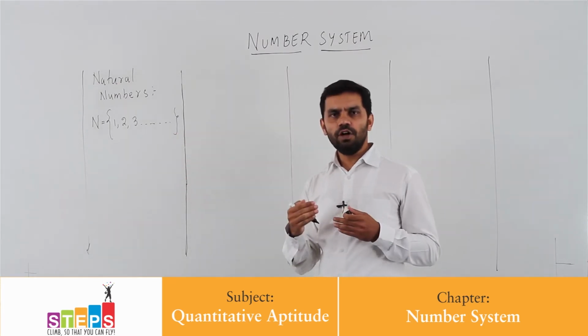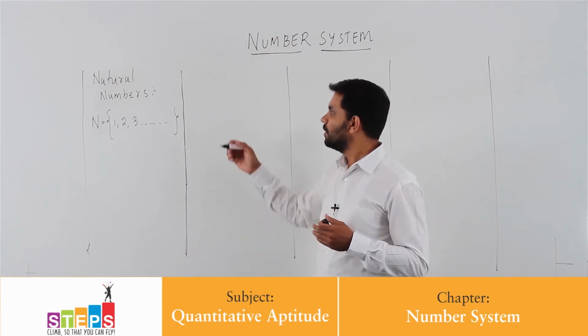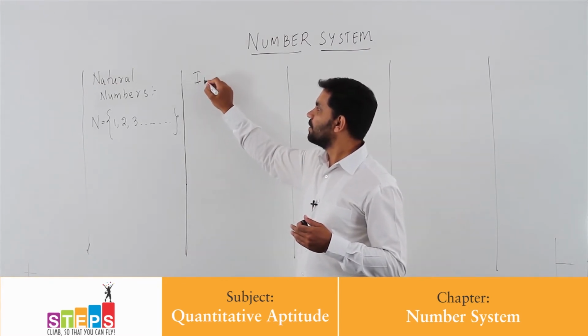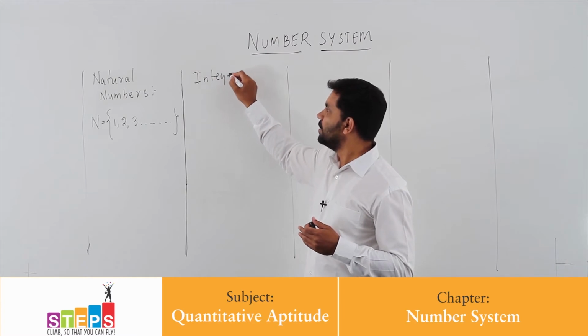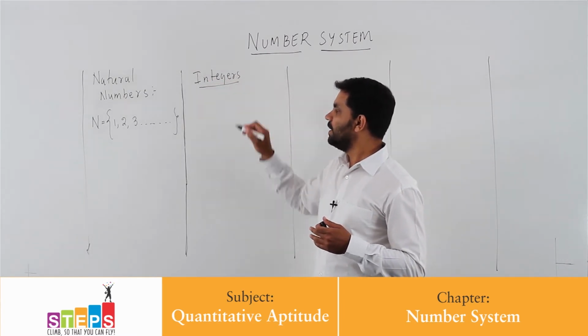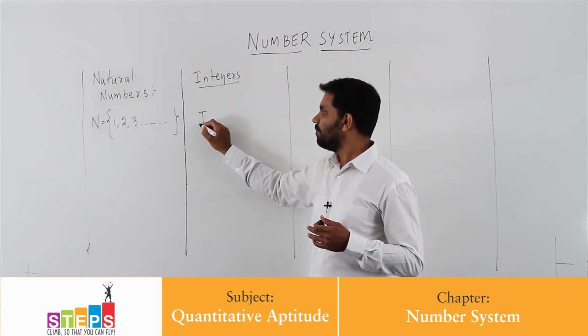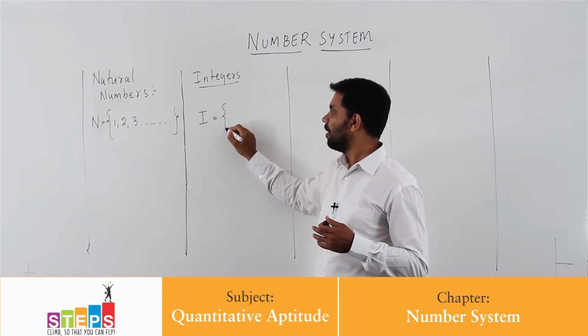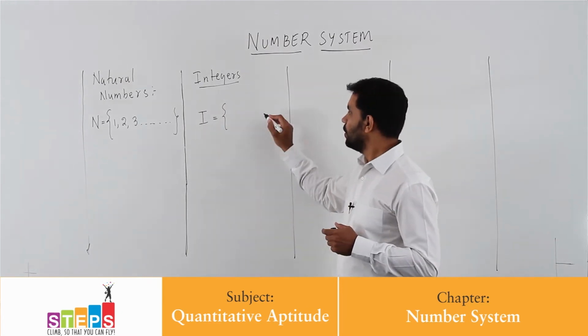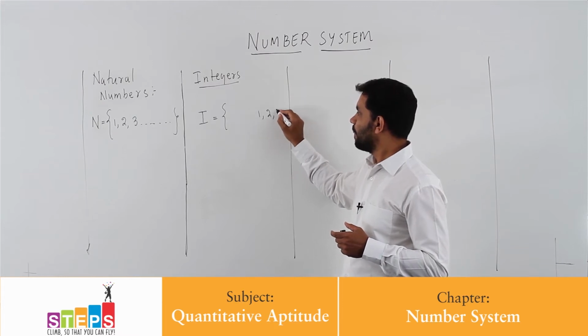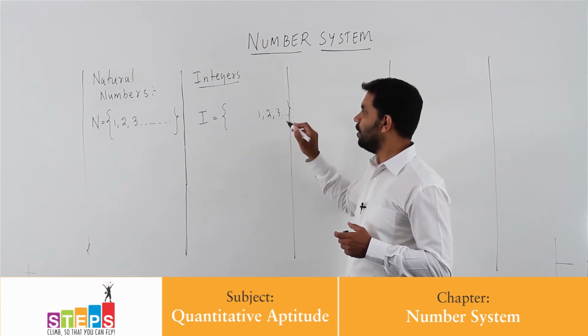And next we'll move on to another kind of numbers known as integers. Now what are integers? Integers are represented by I, which includes natural numbers and so on.